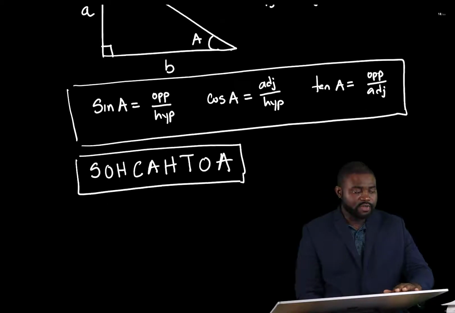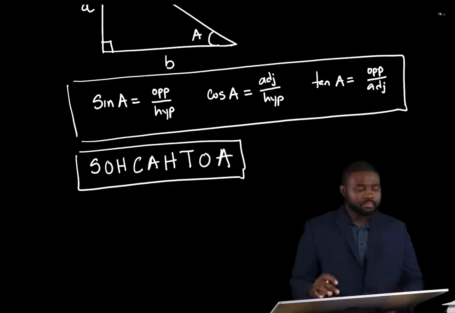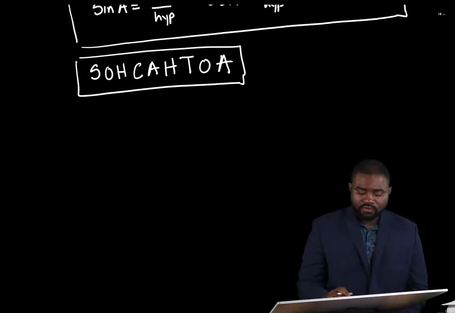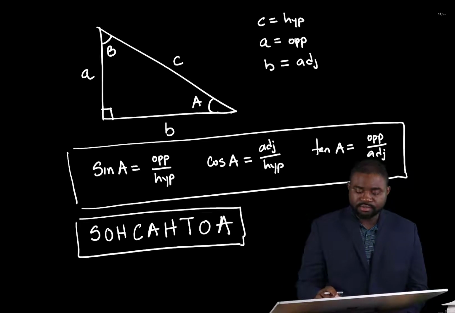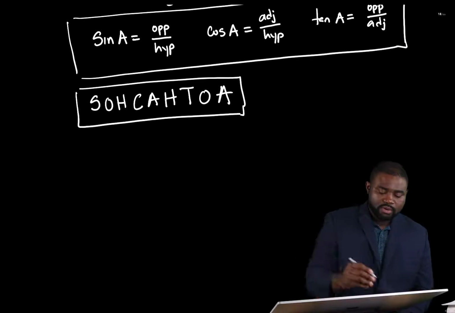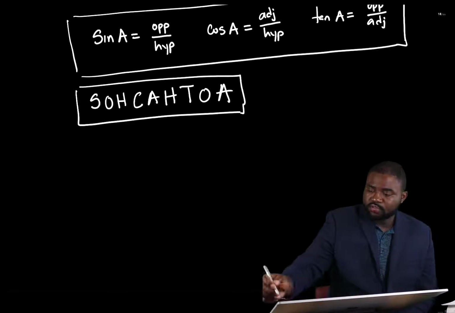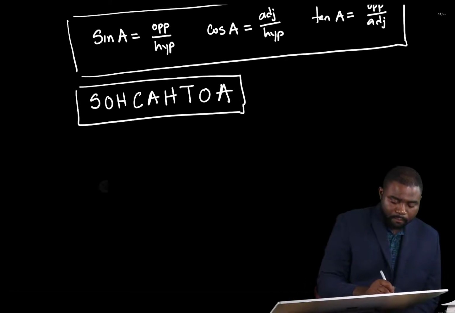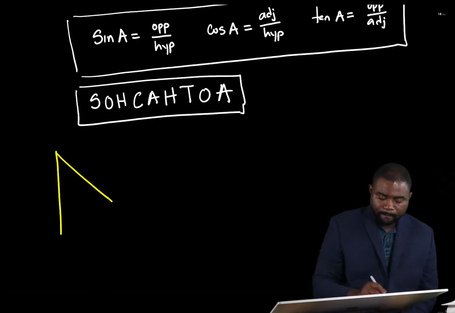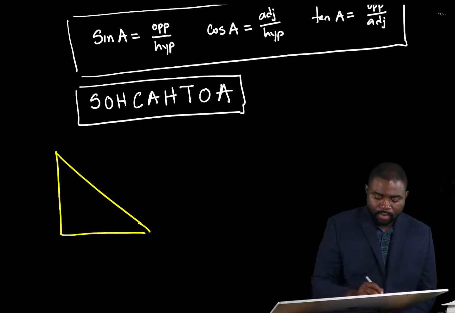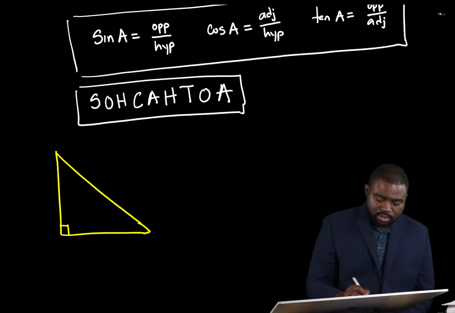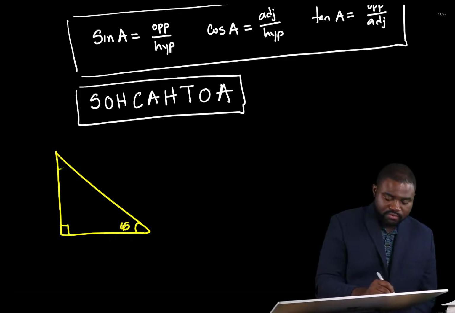So let's look at some special triangles. If we have this is 90, this is 45, this is 45.